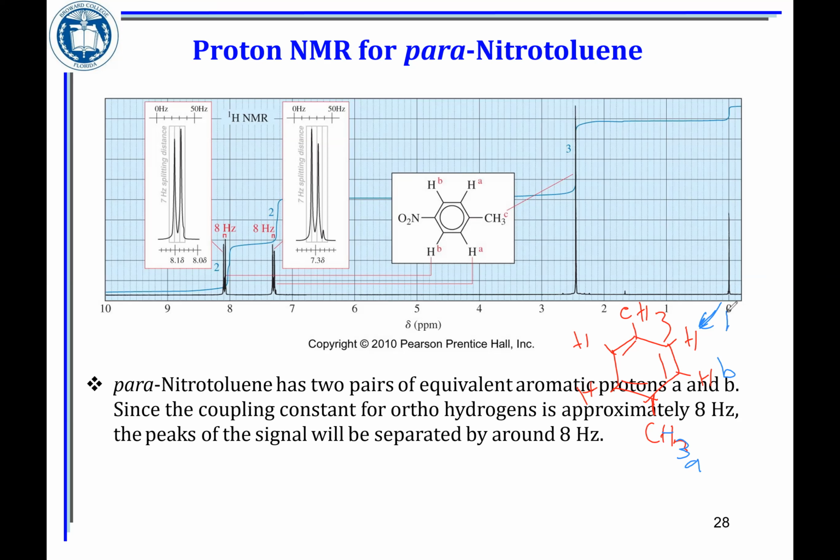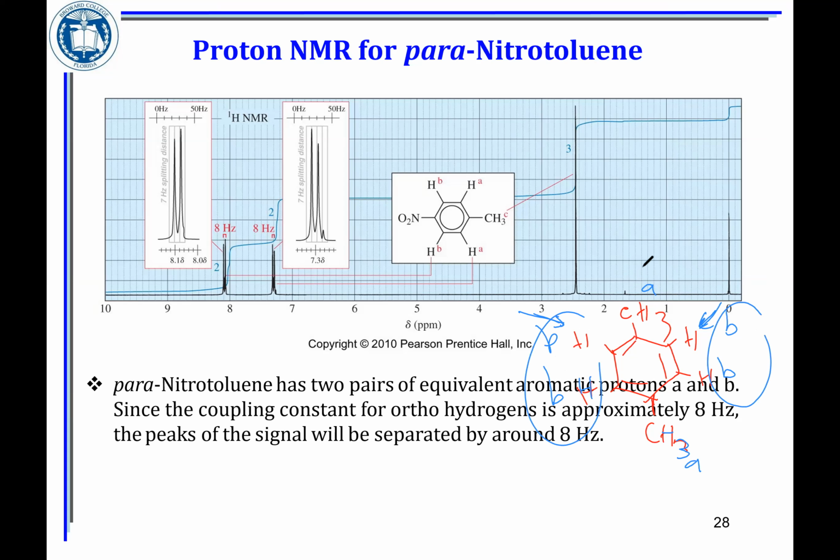So if this is a B, this hydrogen is going to also be B. This hydrogen on the left side, the one on the left side is going to be also B, and the bottom left also is going to be B, and the CH3 is going to be A. So we have only two types of hydrogen, hydrogen A and hydrogen B.